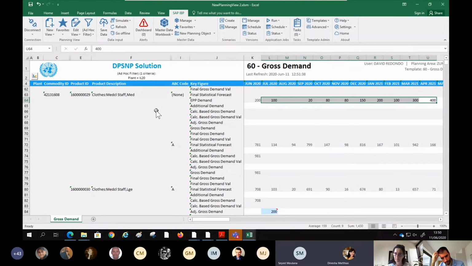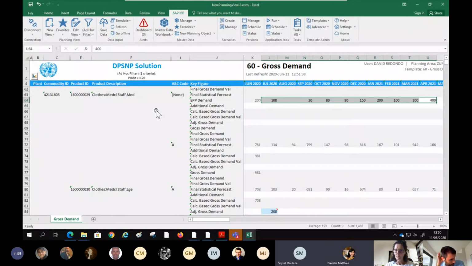Yeah, so since you say it is not possible to change, in case it can be changed in this template here, it is also related to the earlier question from Suli. Once you update this, will it correct on the other end in the EPP template? If the system allows to adjust the EPP here, in the gross demand, will it go back to the original template and adjust the figure at the same time?